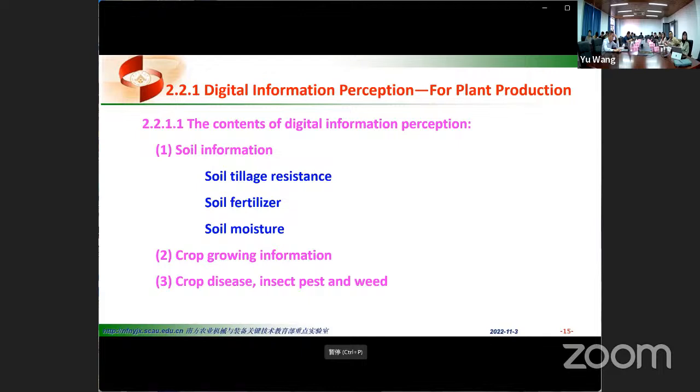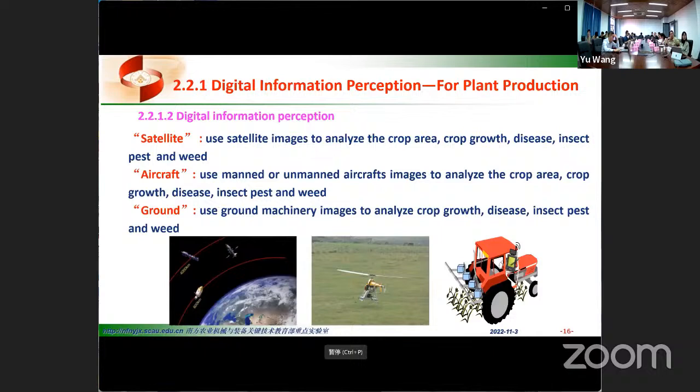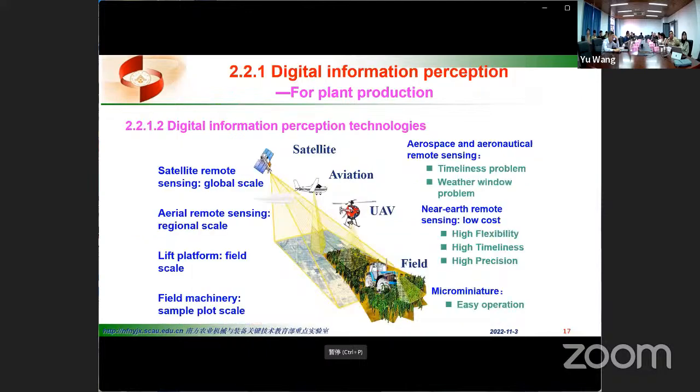Digital information perception includes soil information, such as soil tillage resistance, soil fertilizer, and soil moisture, crop growth information, and crop disease, insect pest, and weed information. The platform for digital information perception includes satellite, aircraft, and ground machinery. For different purposes, we can use different platforms.